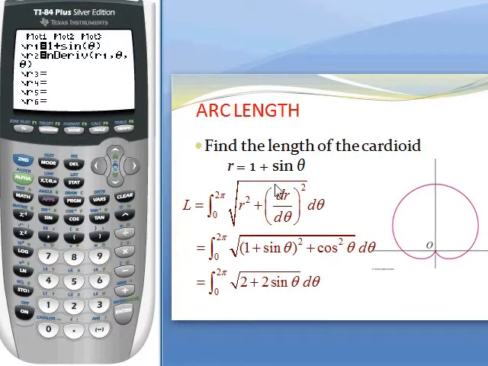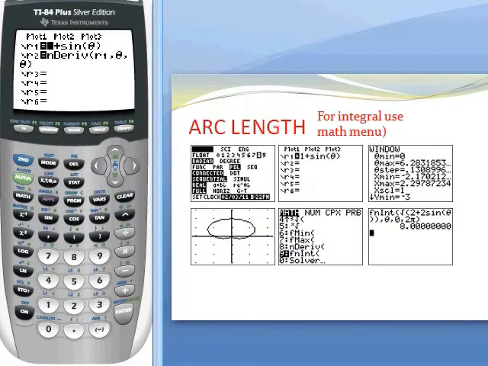I can either take this by hand and deal with this formula directly, or let your calculator figure out the derivative for you. I'm going to do it both ways. First time I did this, I used the formula that I developed by hand. But this time I'm even lazier, so I want the calculator to calculate the derivative.